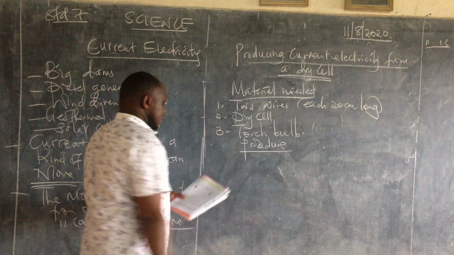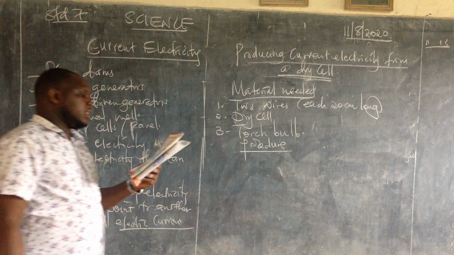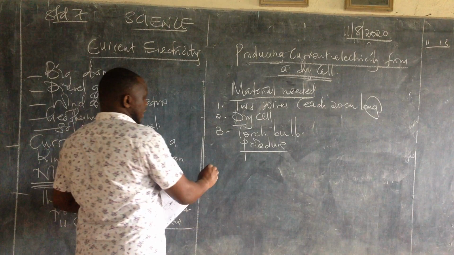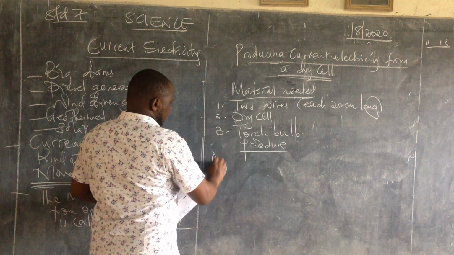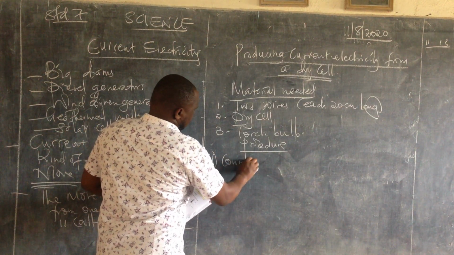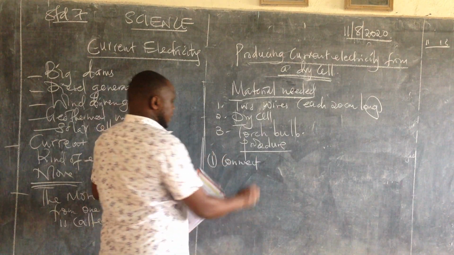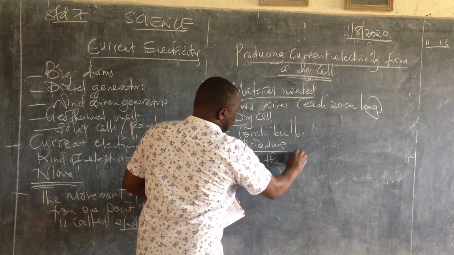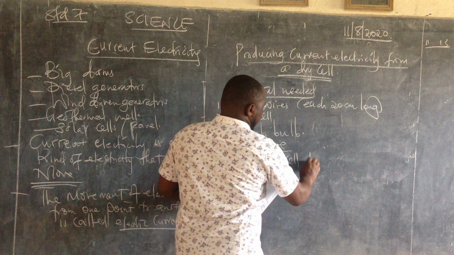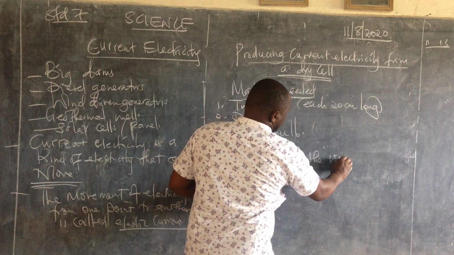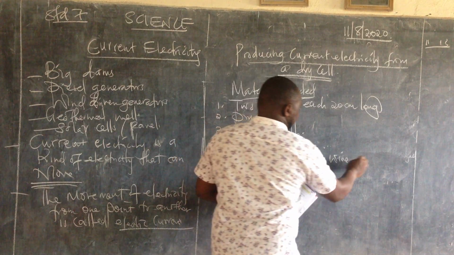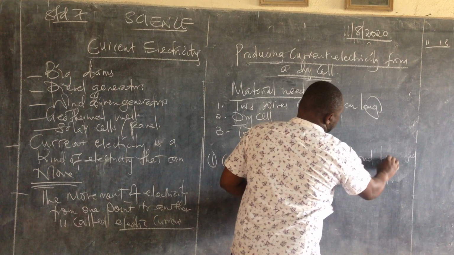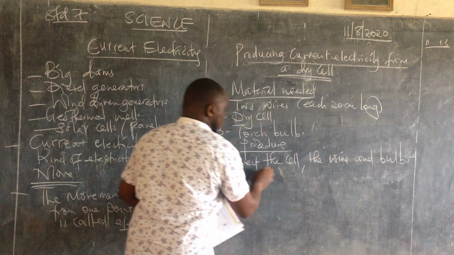Then this is the procedure. Connect the cell, the wire, and the bulb as shown in the figure below.